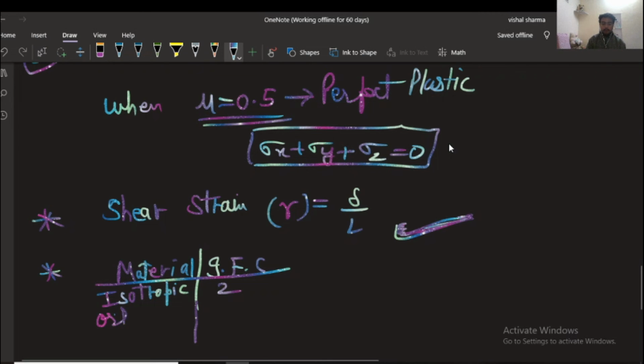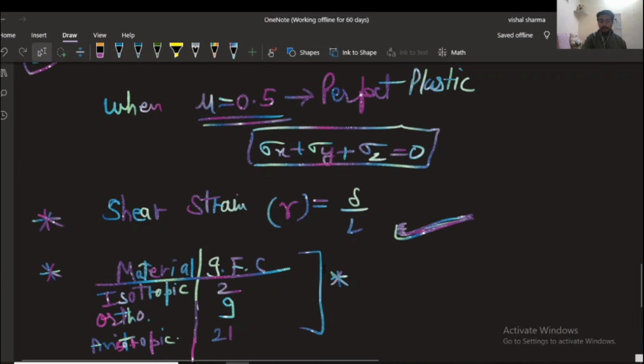For an orthotropic material, the independent elastic constants required is 9, and for an anisotropic material, the independent elastic constants required is 21. These are the standard values which are asked in the question directly.